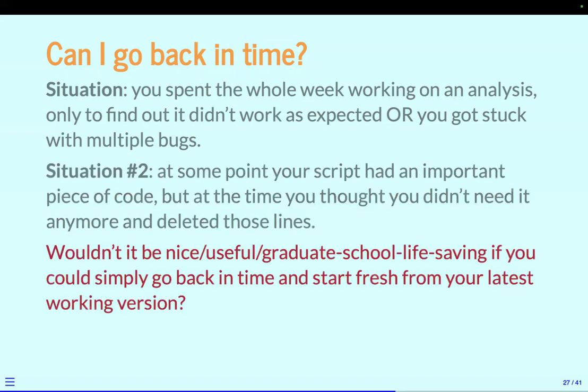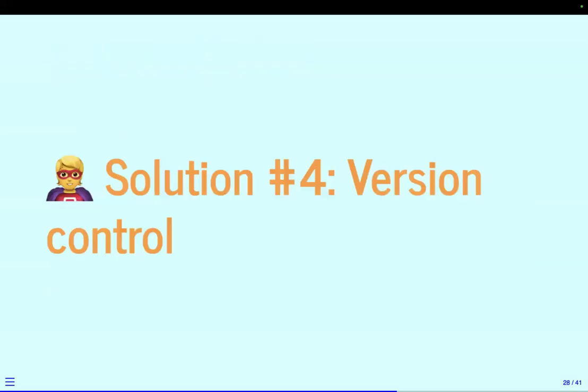So wouldn't it be nice, useful, sometimes perhaps graduate school life-saving, if you could simply go back in time and start fresh from the last working version of your code? Especially if you have not worked with code as much, this is what we're going to learn in this class. You're going to quickly realize that you develop code fast, and sometimes it would be just nice to be able to go back.